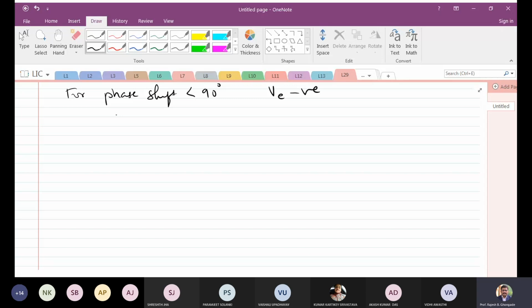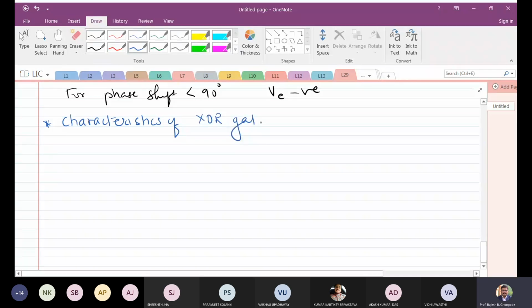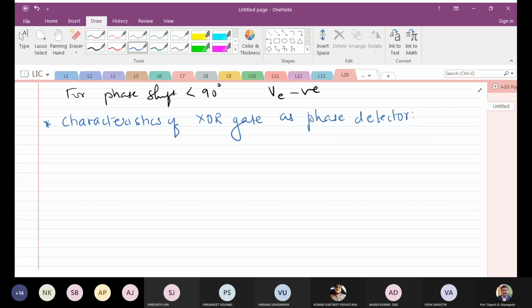Let us quickly see the characteristics of the XOR gate as phase detector. So now you have understood one application of XOR gate also, isn't it? All right.